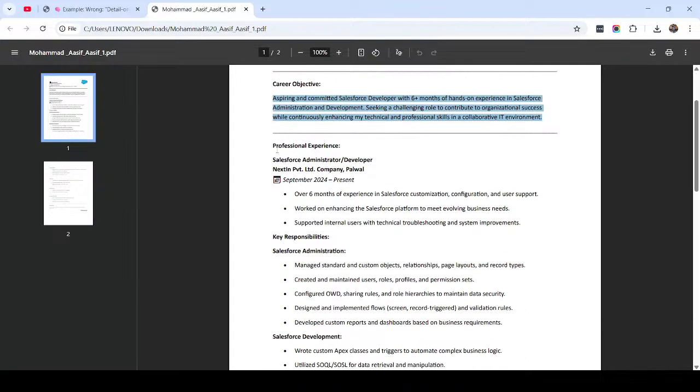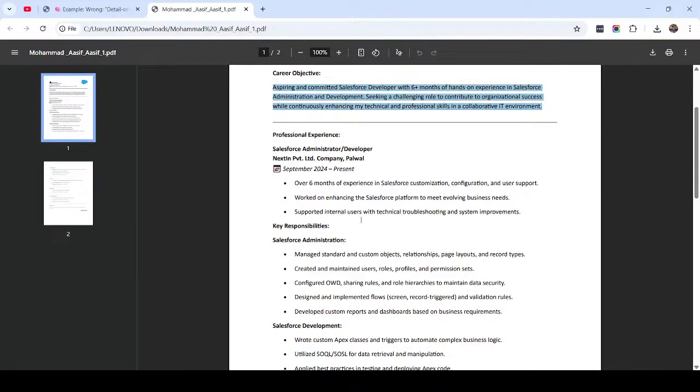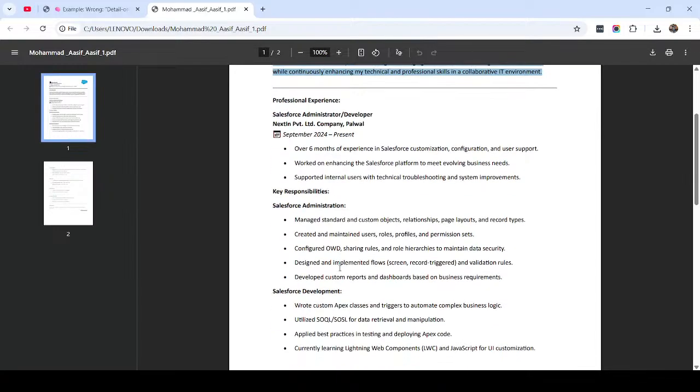And then here it is 6 months. For this fresher with 6 months, I can see you have mentioned admin and development separately. Instead you can just take it as Salesforce developer, because each designation, administrator and development, is too deep, so you can take only one forward.